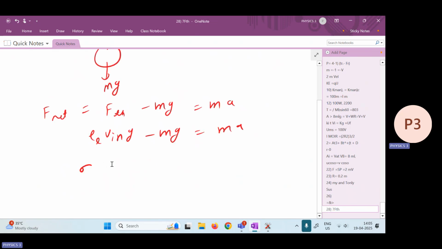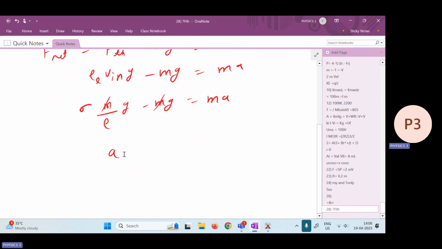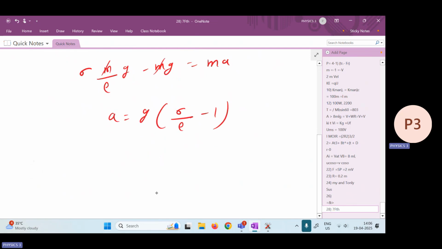V we can write as mass upon density of body, which is rho. mg is equal to ma, so m gets cancelled out. Acceleration comes out to be g into (sigma upon rho minus 1), right? That is in the upwards direction. So option A is absolutely correct in this situation.